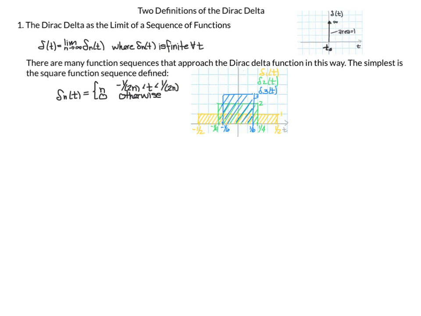So as we go to δn, when n is equal to 4, 5, 6, and higher values of n, we get bases that are narrower and narrower, but higher and higher, and they all have area equal to 1. So in the limit, we get something infinitely narrow, infinitely high, with area equal to 1. And that's the intuitive feel for this kind of odd definition.